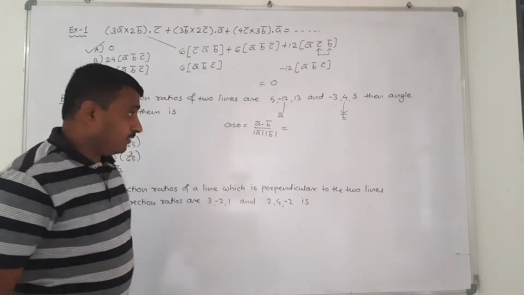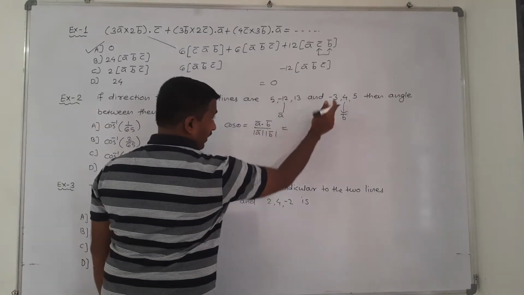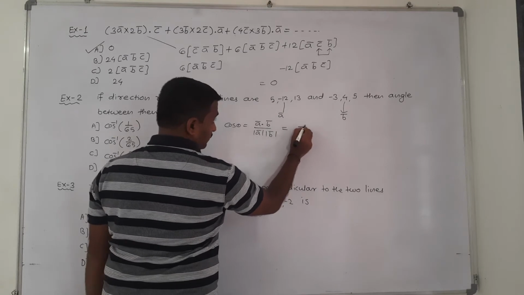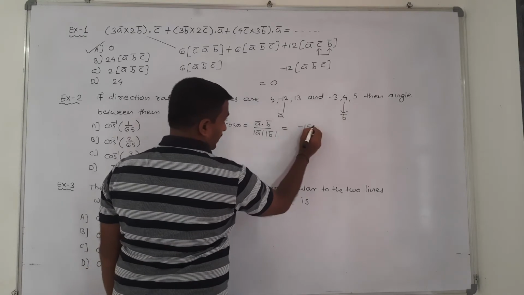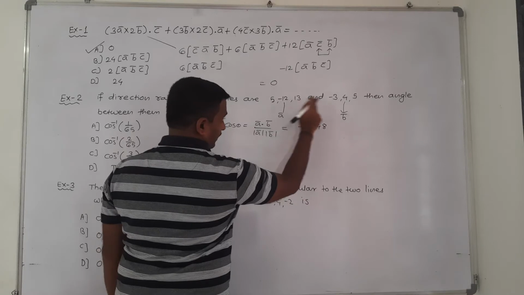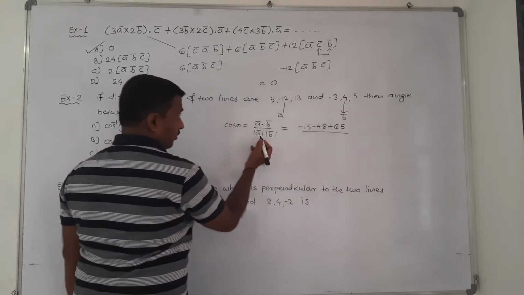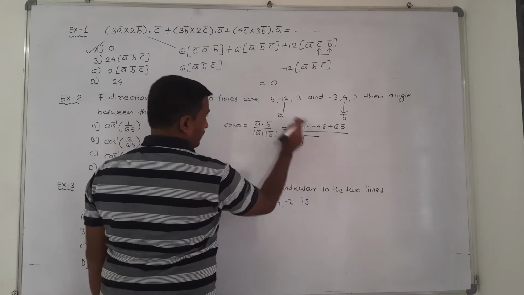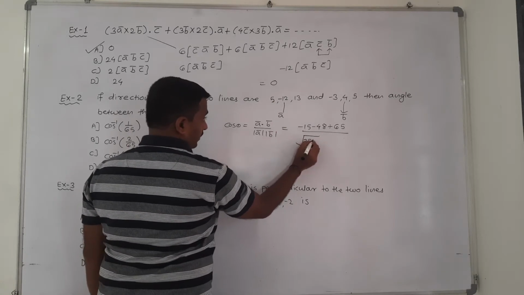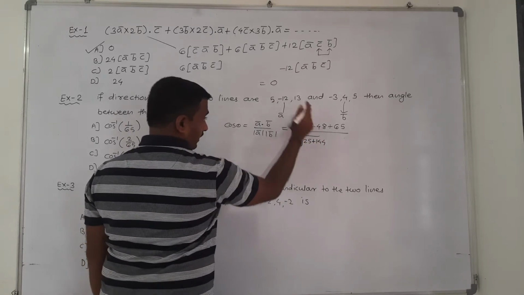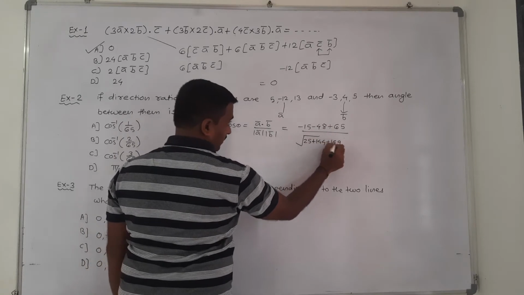Dot product means multiplication of coefficients: 5 into minus 13 minus 3 minus 15, 12 into 4 minus 48, 13 into 5, 65. Upon modulus a bar, that is square root of this: 5 square 25, 12 square 144, 13 square 169.